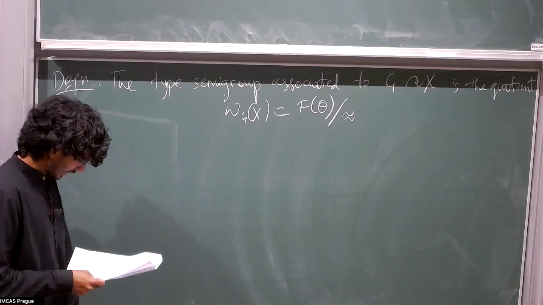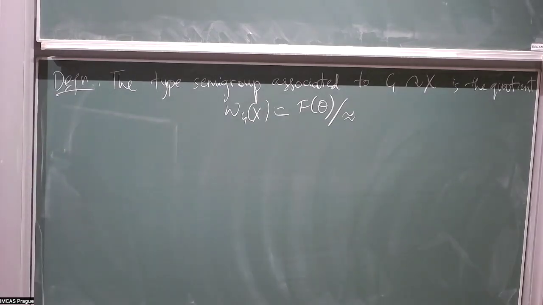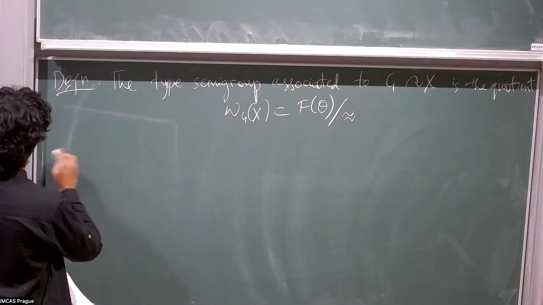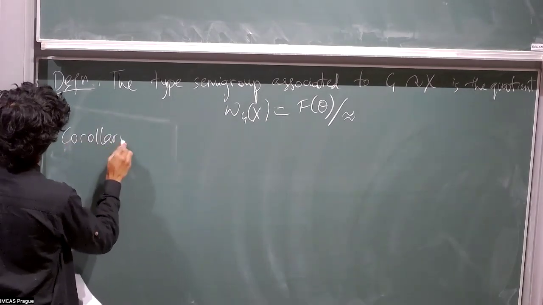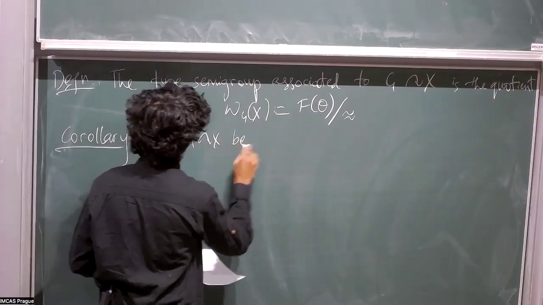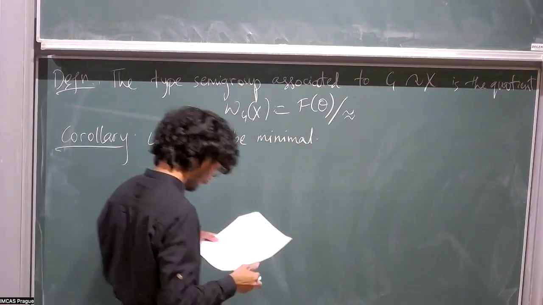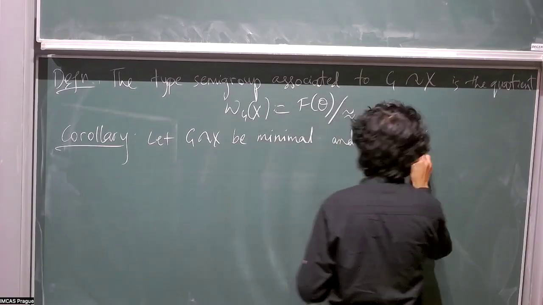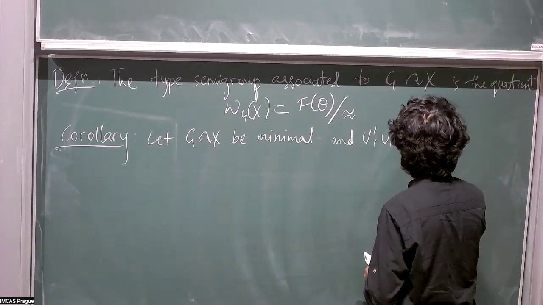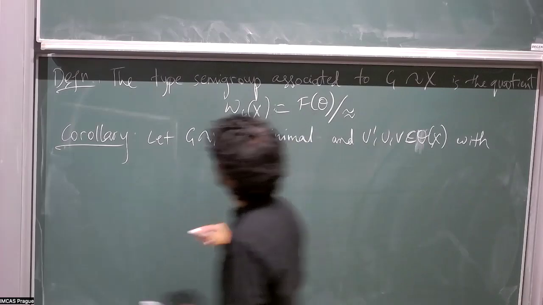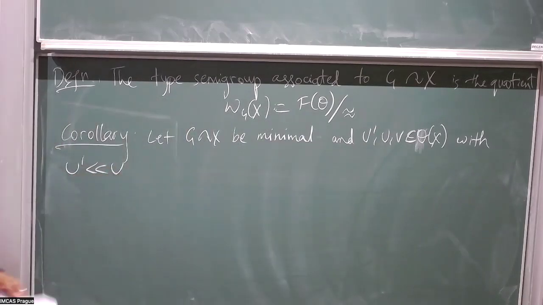Okay. Now I will write down Narishkin's lemma in the language of type semigroups, which will be useful for me improving the main result later. So this exactly means that I'm taking a closed set inside U, right?